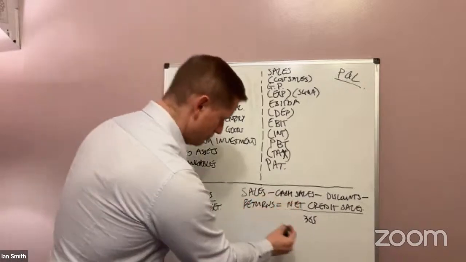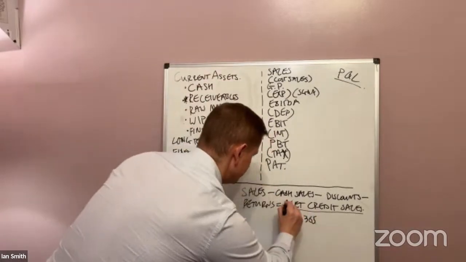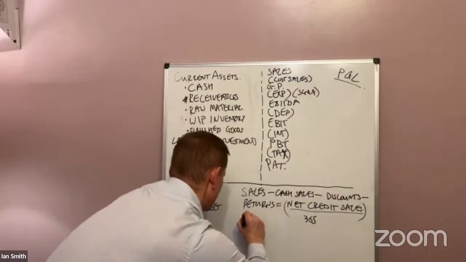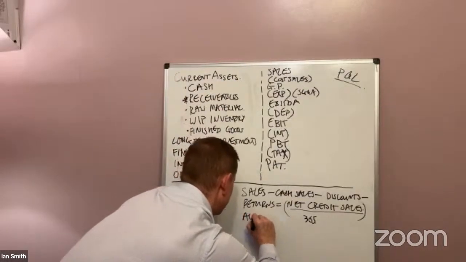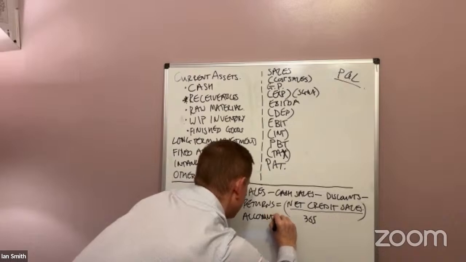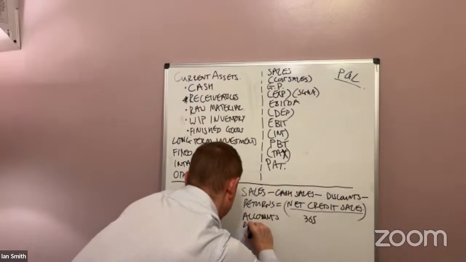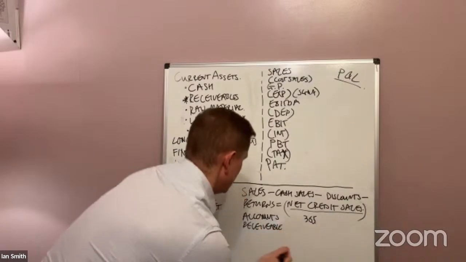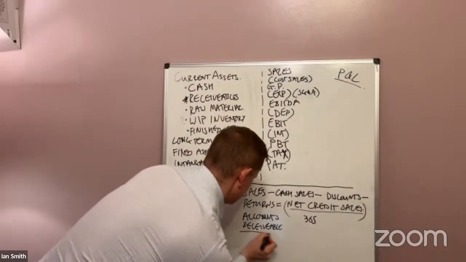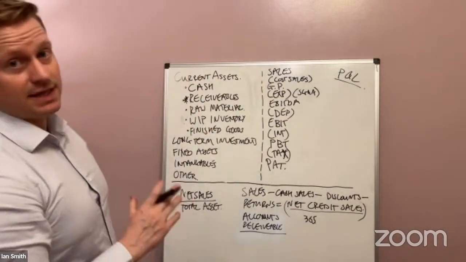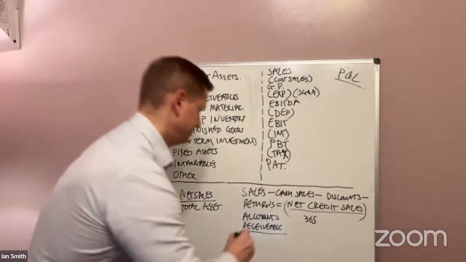So we take accounts receivable, and we divide that by net credit sales per day.